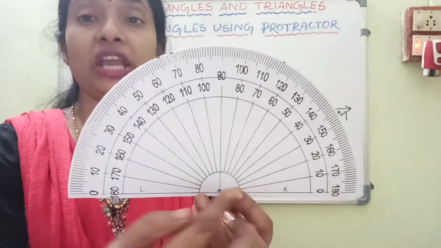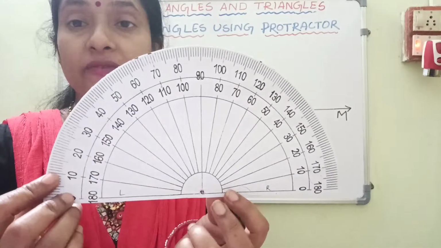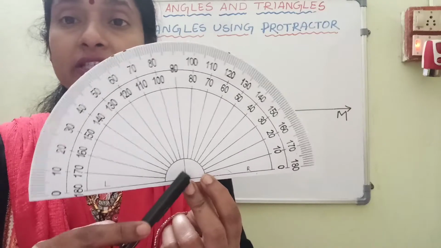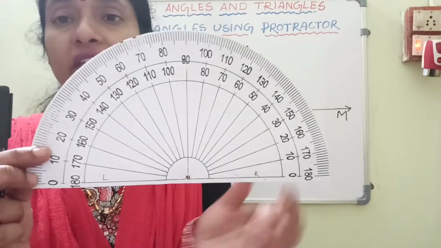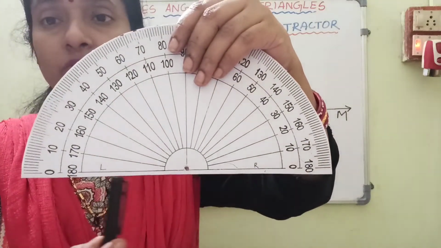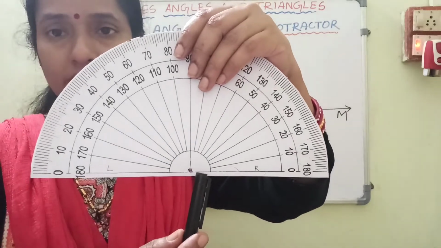So the shape of the protractor is a semicircle, where this point is called as the center of the circle. Even if you observe very carefully, we have a horizontal line at the bottom of the protractor, which is called as the baseline of the protractor.